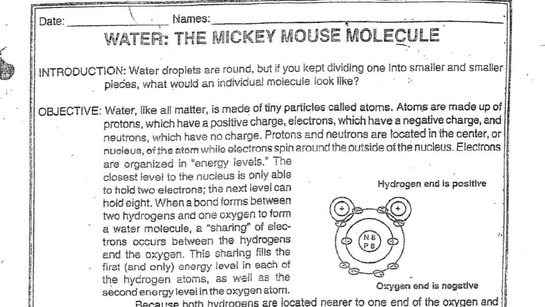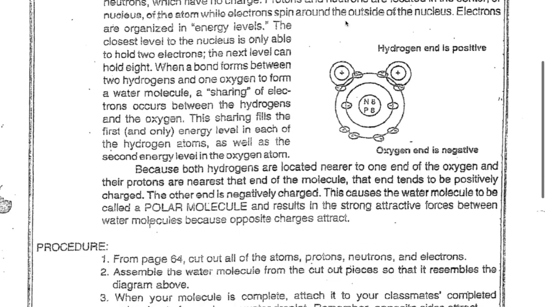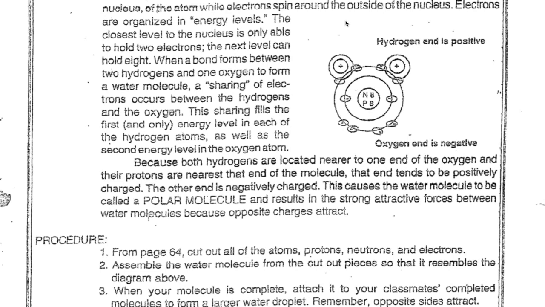Because both hydrogens are located near one end of the oxygen, and their protons are nearest that end of the molecule, that end tends to be positively charged. The other end is negatively charged. This causes the water molecule to be called a polar molecule, and results in strong attractive forces between water molecules because opposite charges attract.